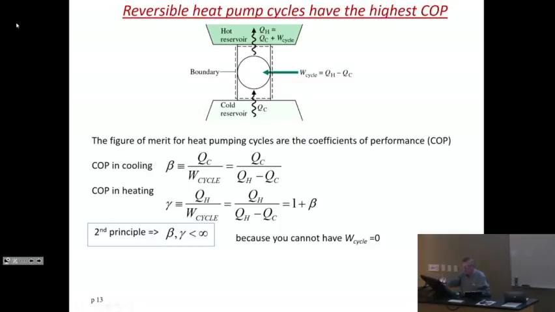We can take the COP in cooling, QC over W cycle, as QC over QH minus QC. All we're saying is that we cannot have a cycle where we have only one reservoir. For example, where QH would be 0, which would then be -1, or one where we can have no QC, where QC would be 0, then you'd have 0 over 0.